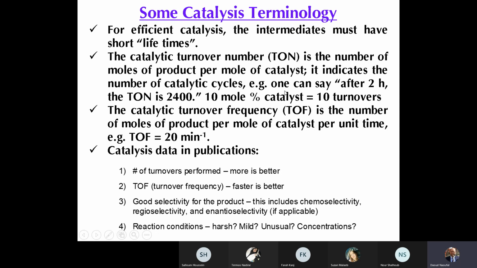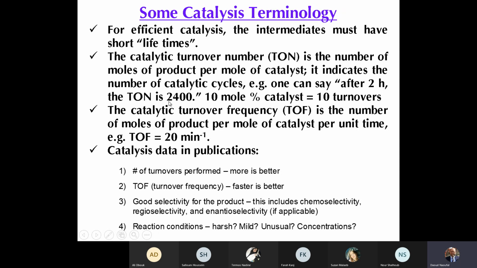For example, we can say after 2 hours, the TON is 2,400. What is the meaning of 2,400? To know that the TON is the number of catalytic cycles, or the number of moles of product per mole of catalyst.